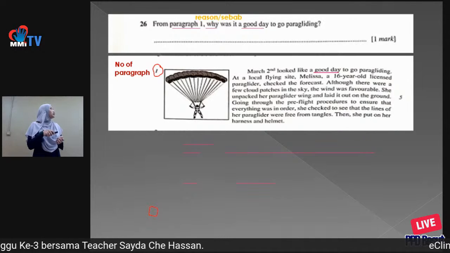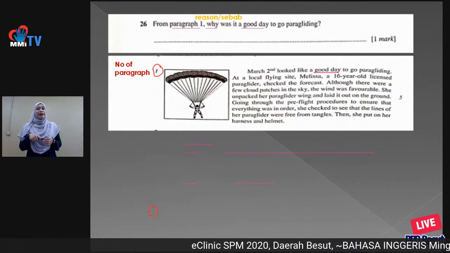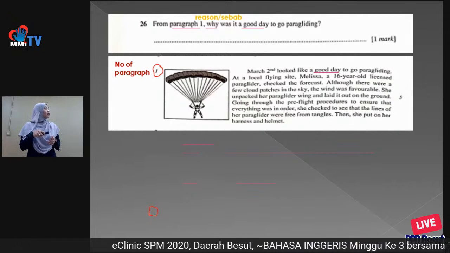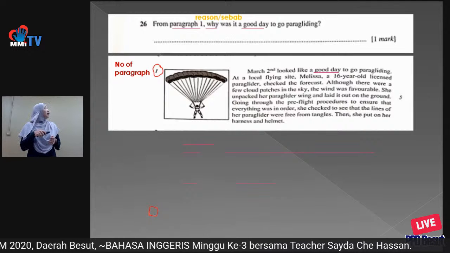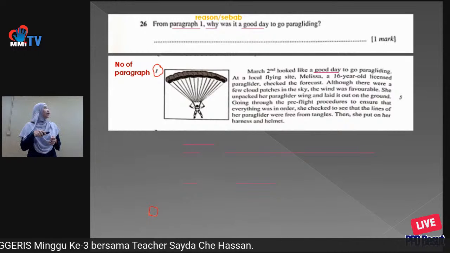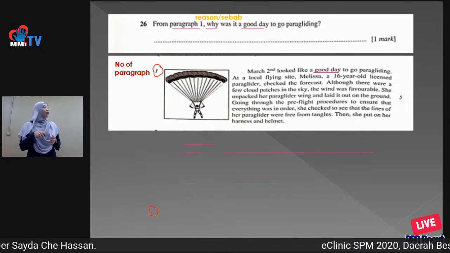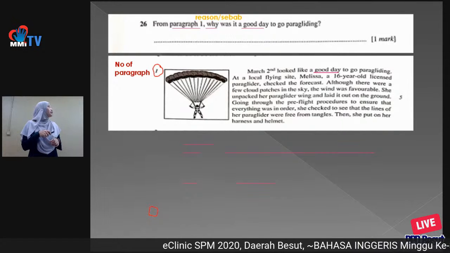Basically these three things are really closely related to when you want to fly. So this is the answer lah. The reason kenapa it's a good day is because awan pun okay, langit pun okay, angin pun okay. There are three words over there that give you a hint that this is the answer for the reason.